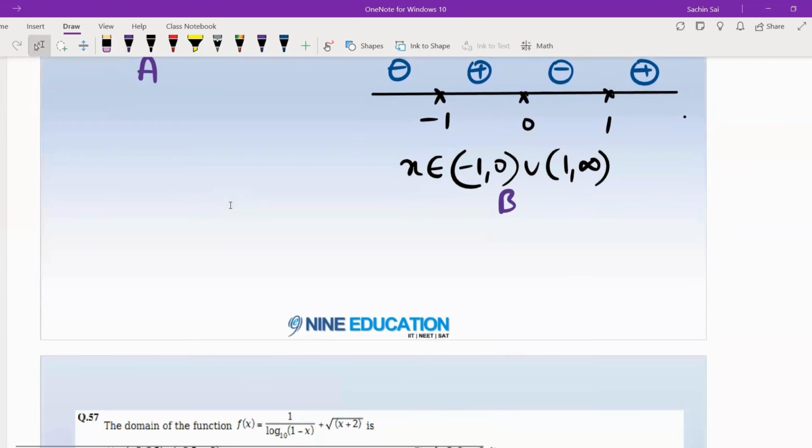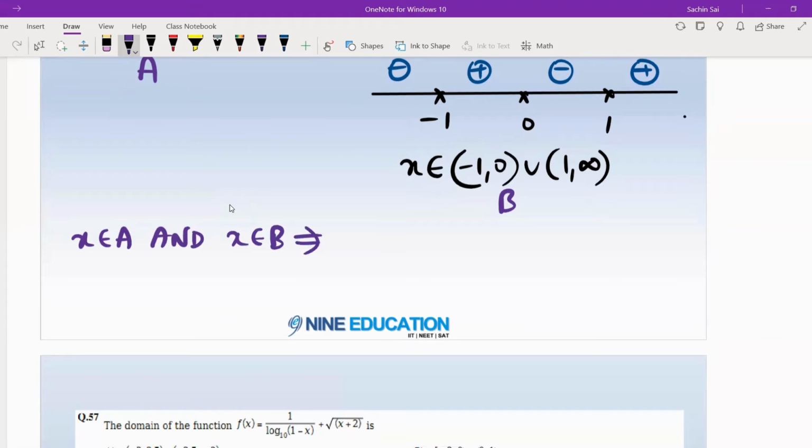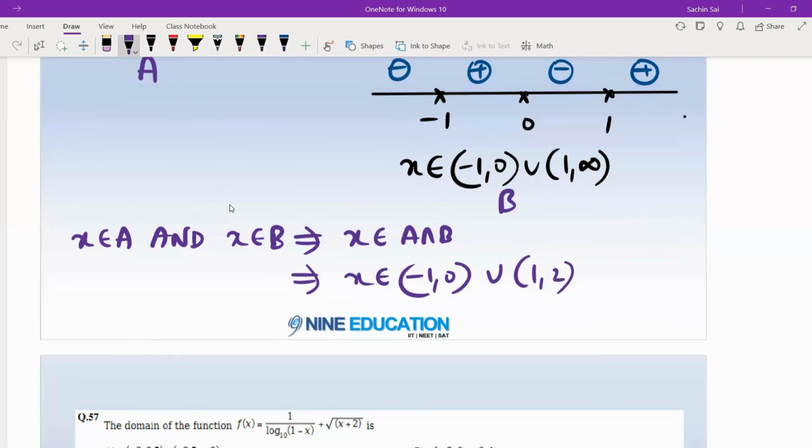So when do we say that x belongs to A and x belongs to B? That is, if x belongs to A intersection B. So what is the intersection of these two intervals? You get x belongs to -1 to 0, union 1 to 2, union 2 to infinity. So that is the domain of this function.